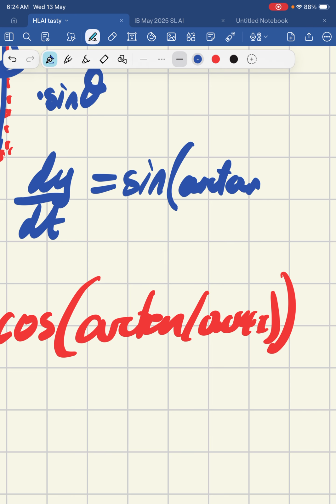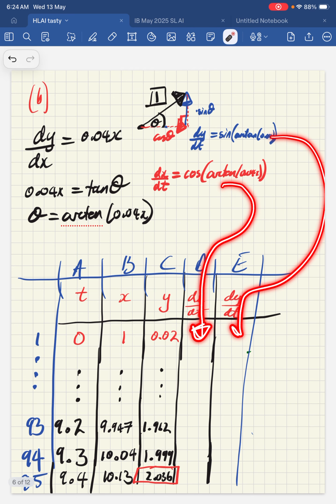So here I've got the row headers. Here's t, x, y, dx by dt, dy by dt. Initially, the location of the snail is here. And look, we have to put this in here and this in here, and then you've got to make the formulas work, right?